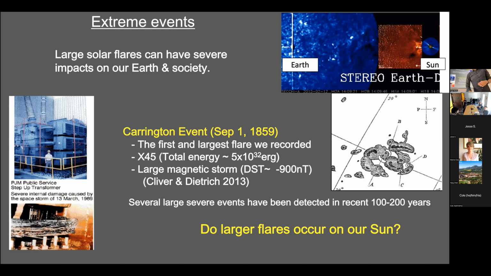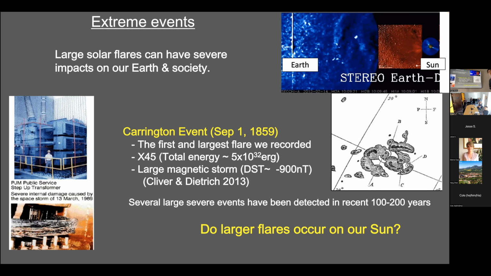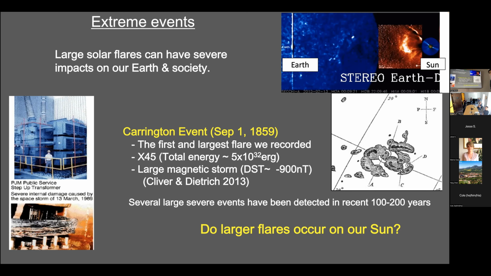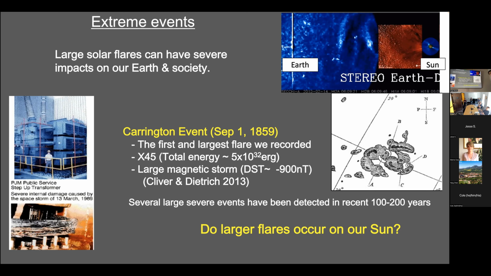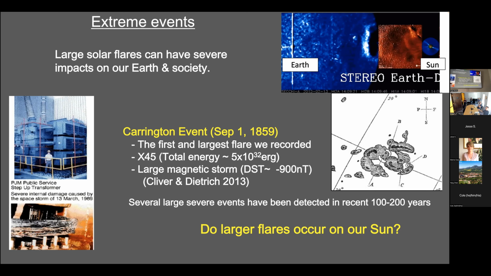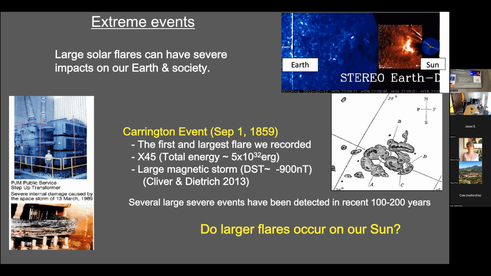Do you happen to know how long it took people to connect this activity with the Sun? Did they know right away that this weird telegraph behavior was connected with activity in the Sun?